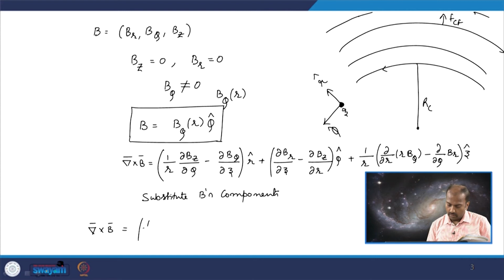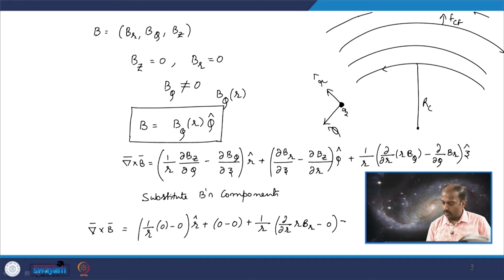It becomes 1 by r times 0 minus 0 along r cap, plus 0 minus 0, plus 1 by r dou by dou r of r B phi minus 0 across the z cap. So, we just have substituted all the different components of B.